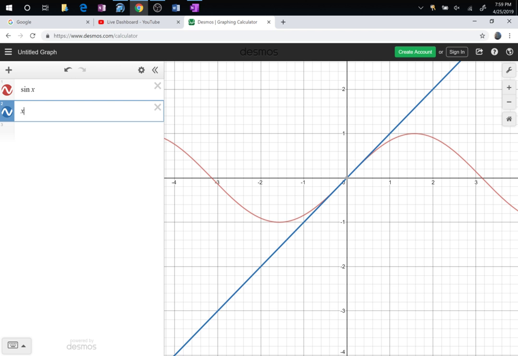Halfway through, half of 1.5 is going to be 0.7 something. 0.7 something is your pi over 4. And then more in pi over 3. Oh, pi over 6, sorry. Pi over 6.